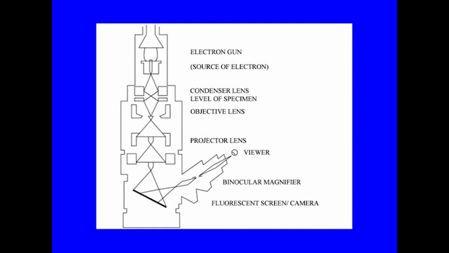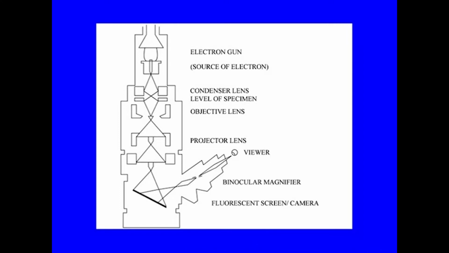The specimen is present here, and after the specimen there will be the objective lens, which is not written here, and after the objective lens there will be projector lenses, which will finally form the image onto the fluorescent screen. And this fluorescent screen, you can see directly or through binocular magnifiers. So, this is the electron microscope with its various components. Now, let us see how an electron microscope compares with a light microscope.